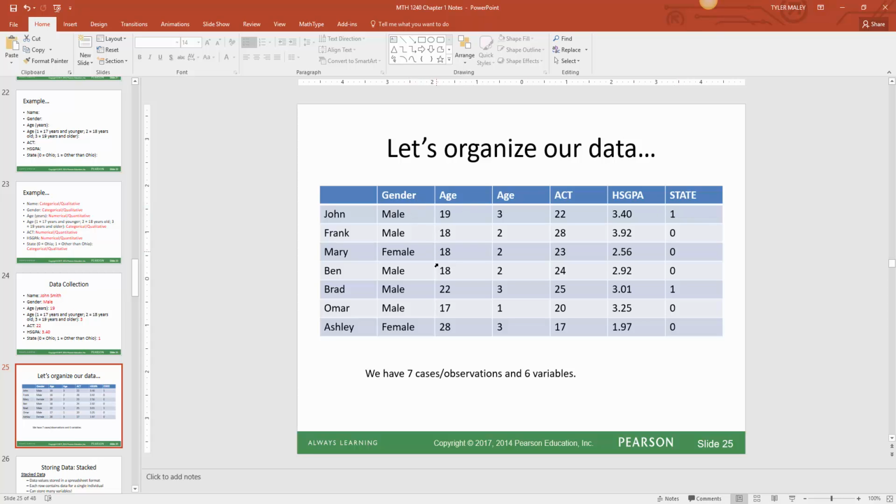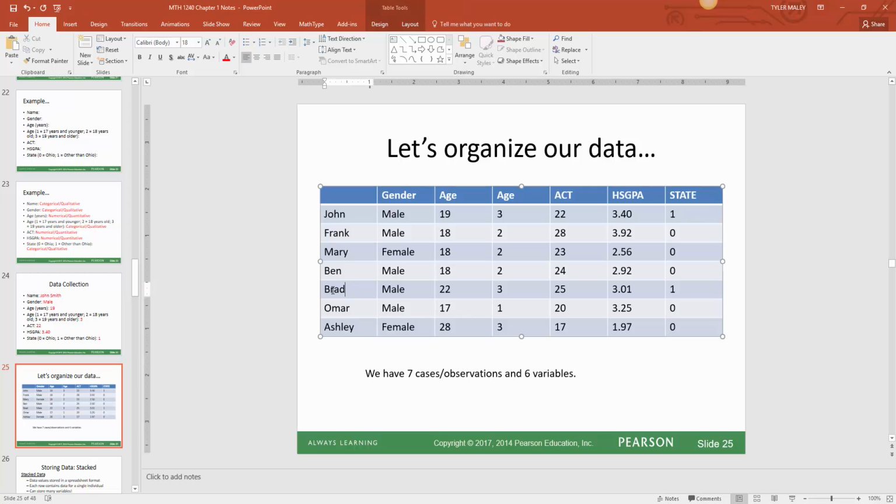All of the information in the row is information about John. Like here's Brad: everything in this row is all about Brad. So he's 22, male, 25 on the ACT, 3.01 GPA. He's not from Ohio.